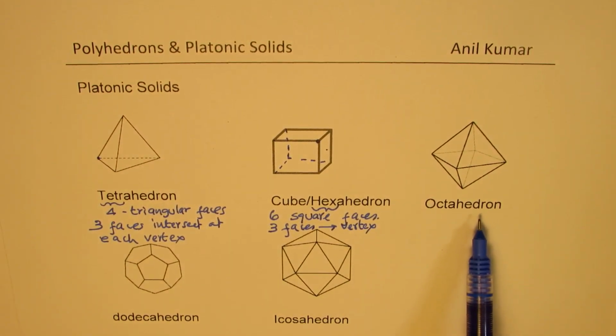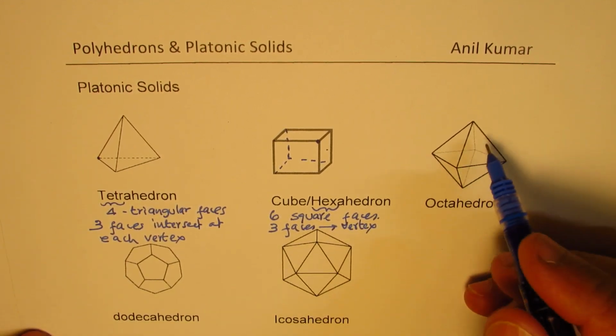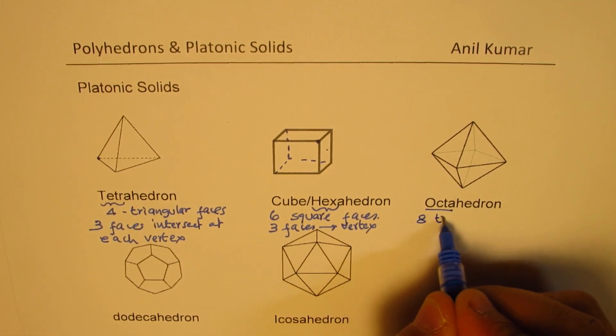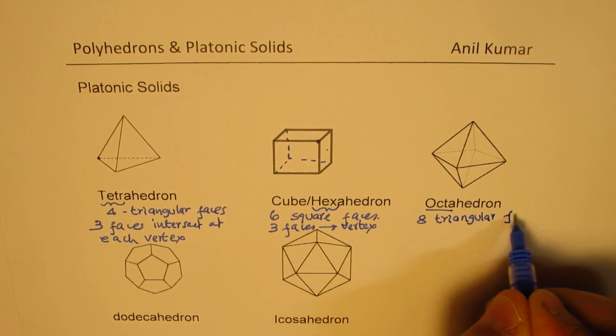Octahedron is something which we just drew. What we had sketched earlier was actually an octahedron. So I hope now you understand the properties of this octahedron. It has triangular faces. As the name suggests, octahedron has 8 triangular faces.